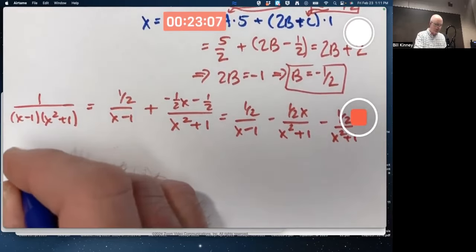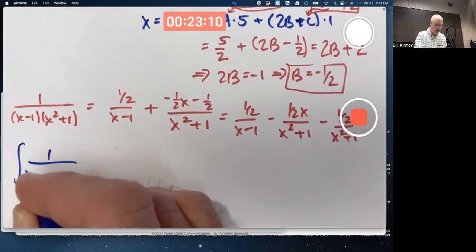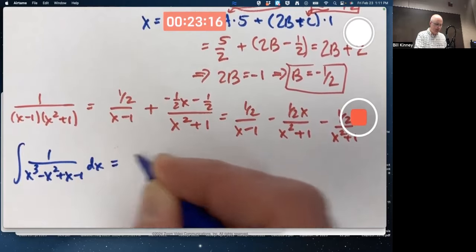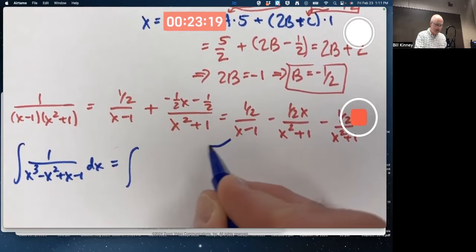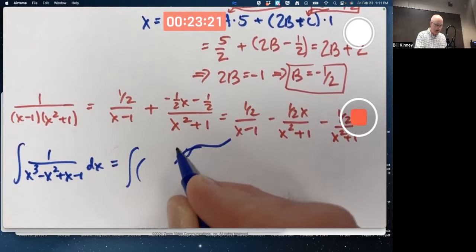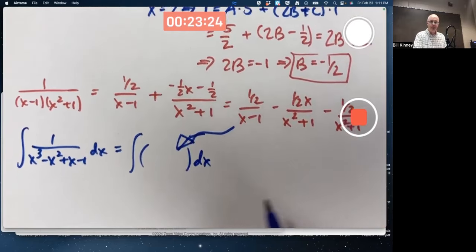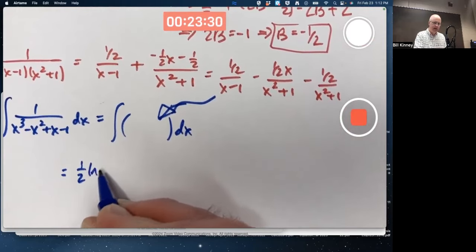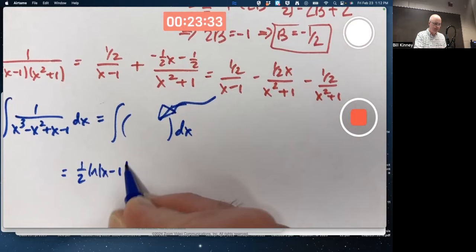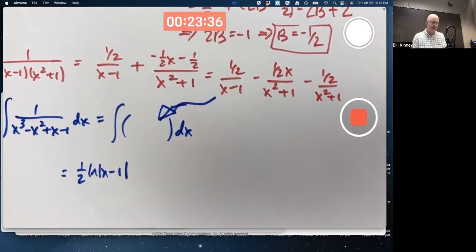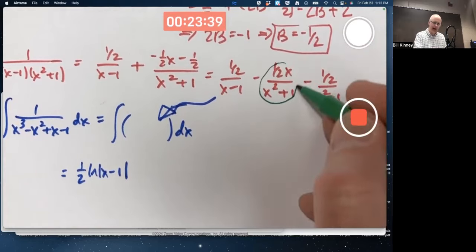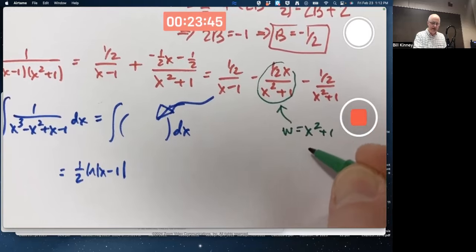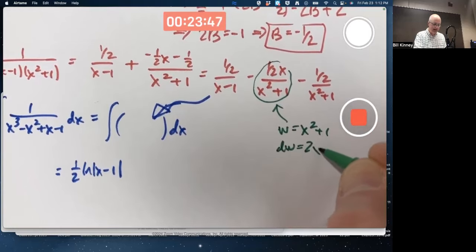So the original integral, I'll write the original form of it as a cubic here in the bottom, is equal to integrating all this, which will give 1/2 ln absolute value of x minus 1. Be careful with this one. If I were going to integrate that and be extra careful, I'd want to let w be x squared plus 1. dw would be 2x dx.